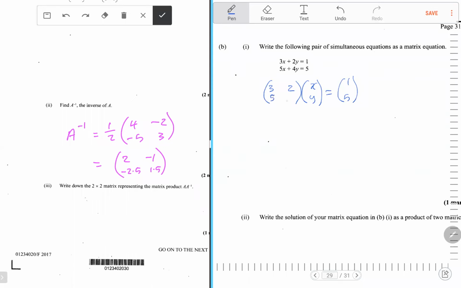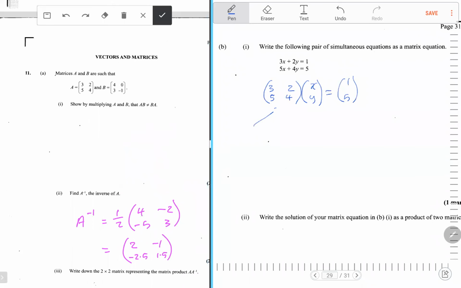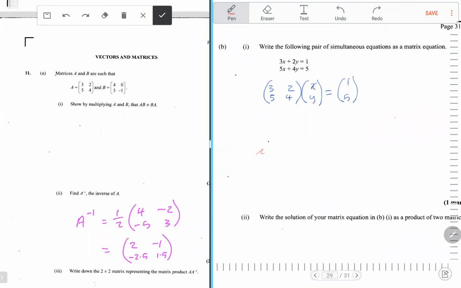And then the values that go in this matrix are the coefficients up here, which now are 3, 2, 5, 4. And you realize that this matrix really is matrix A, right? If you look back up here, this matrix here is really A. All right, that's how it's going to become. So this matrix, I can put that in red and say that is really A times (x, y) equals (1, 5). This question is going for the inverse, and I'm asked to find it in the first part and use it in the second part.